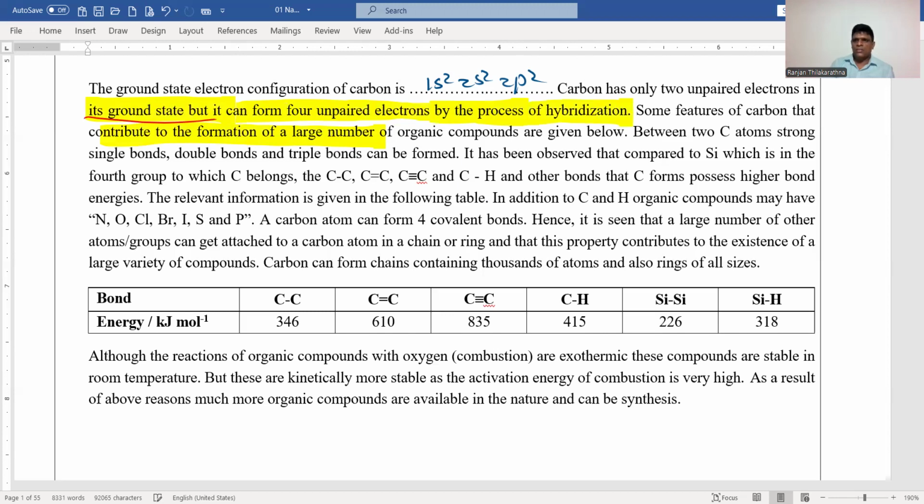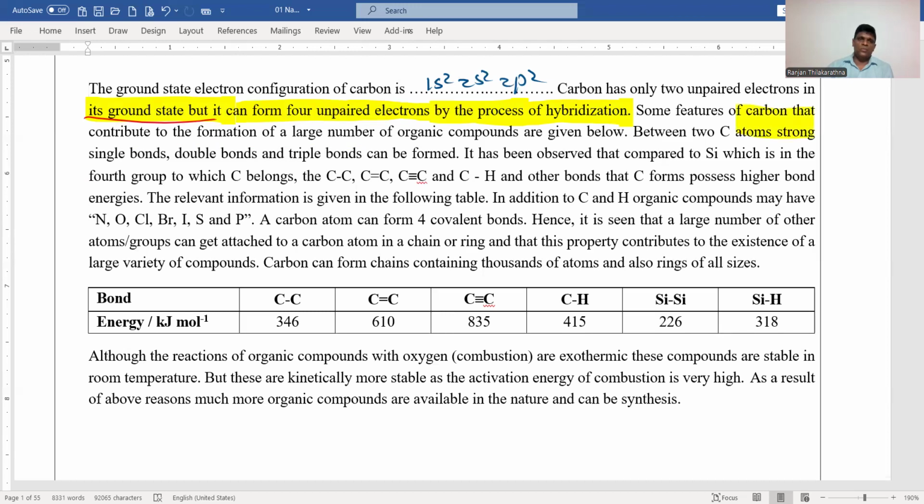Now, some features of carbon contribute to the formation of a large number of compounds. I told you that we have nearly 2.5 million organic compounds, right? It may vary, but as a rough value, say it is 2.5 million. Then why can carbon form that many compounds? What is the important feature of carbon to form that many compounds?